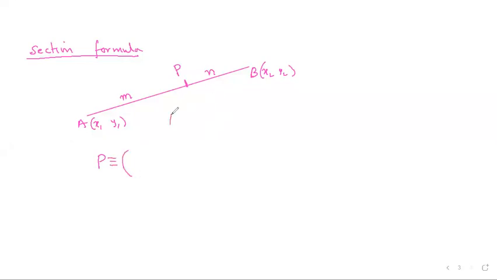So P divides AB internally in the ratio m is to n. Now multiply, m should multiply x2, n should multiply x1, and divide by m plus n.